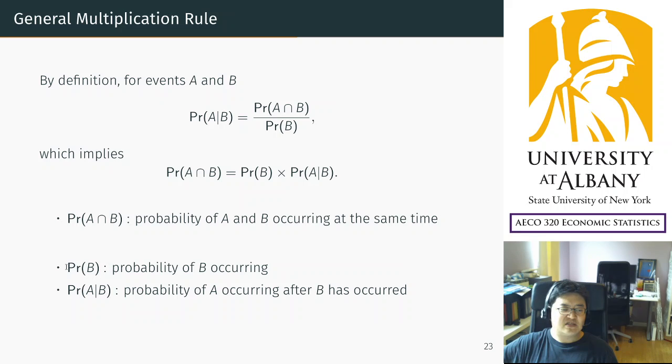This is the probability that B occurs. And if B occurs, then check the probability of A. That is the conditional probability. It's the second step, so you have to update the probability using the condition. So it is only conditional on B.